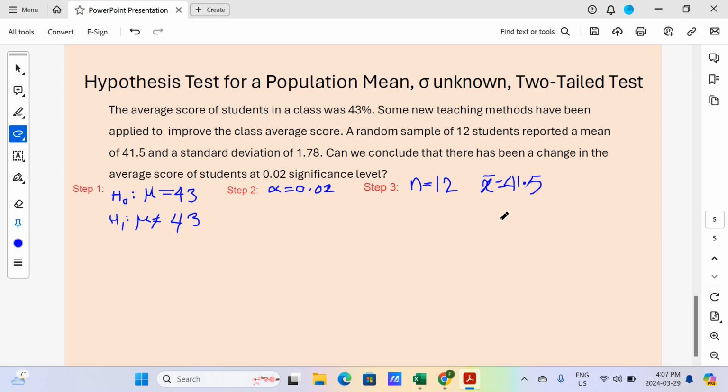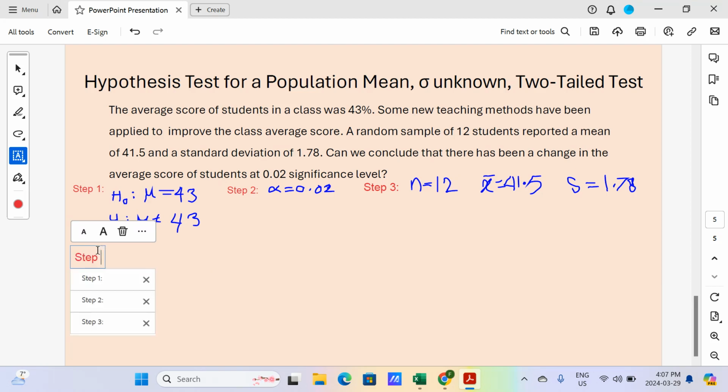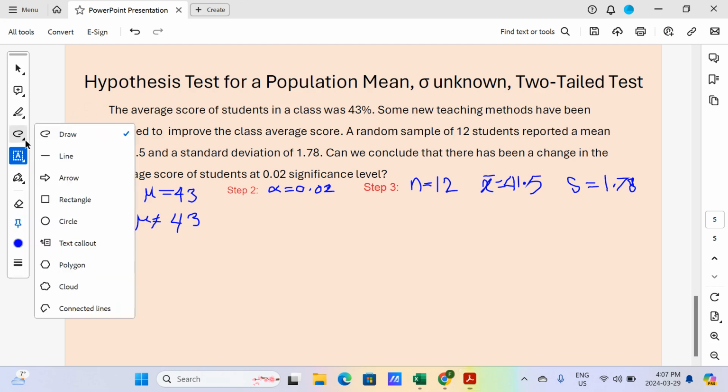Sample standard deviation s is 1.78. It's the information about the sample. Now in step 4, I need to identify the rejection region clearly.